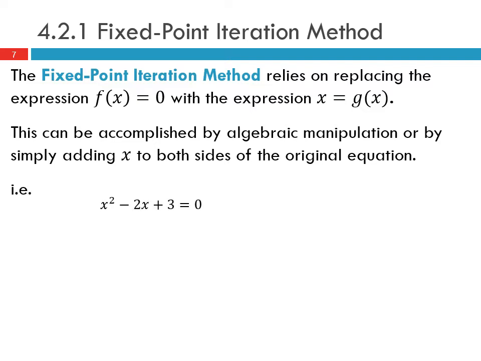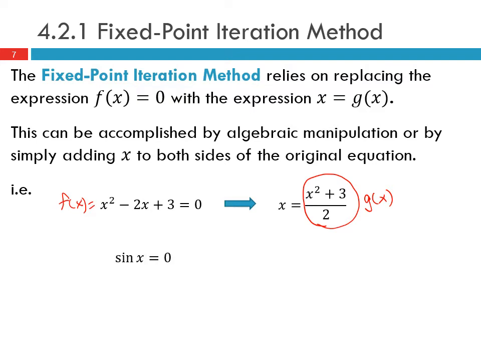So for example, if we have this function f of x is equal to x squared minus 2x plus 3, and we want to find the roots of that, so we want to find where this is equal to 0, we could rewrite this as x equals x squared plus 3 over 2. So now this part here is my g of x. So I've rewritten f of x equals 0 as x equals g of x.